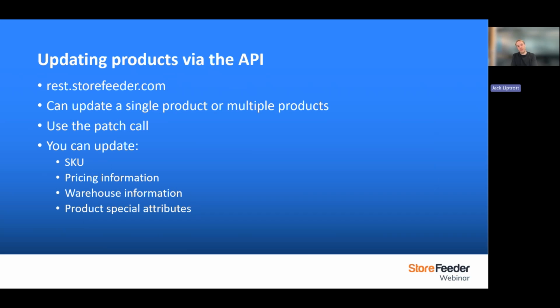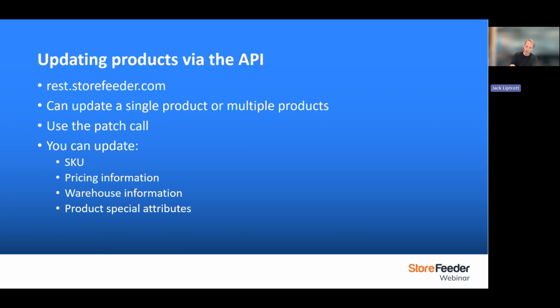Doing it through the API. We've got a StoreFeeder REST API. It allows you to take data from other sources easily and add that information to your products. That's the URL if anyone wants to go and have a look. It's useful for anyone using StoreFeeder. There may be an additional fee for it.